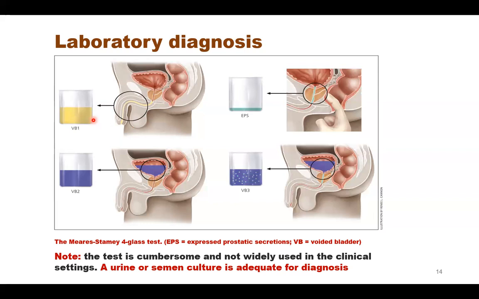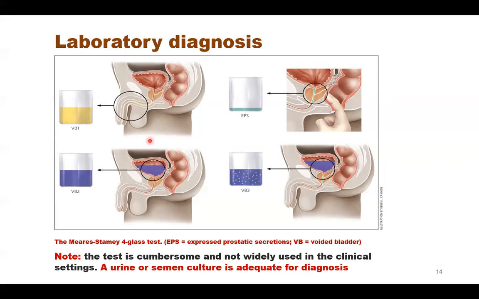Are you following? Then we move on to VB2. As you can see, this is the urine in the bladder. So when you ask the patient to collect a midstream, okay, it's going to reflect whatever is present in the bladder.